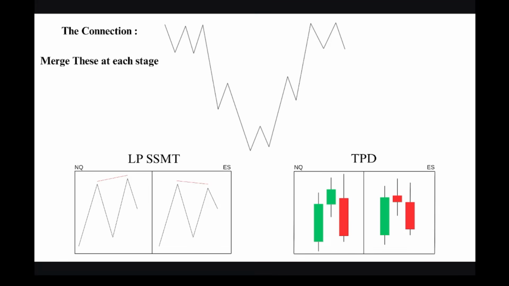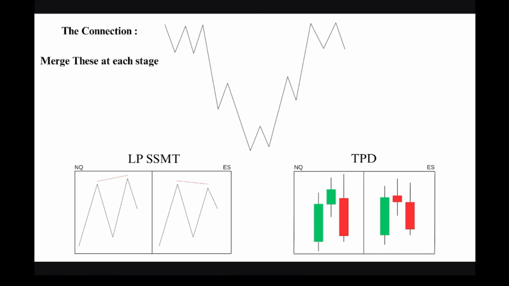Now you may be thinking, what is the connection between the two? How would TPDs and LP sequential SMTs show you what price is going to do and what price has already done? Now the key thing is to merge these two concepts, merge these two confluences with stage of market structure.